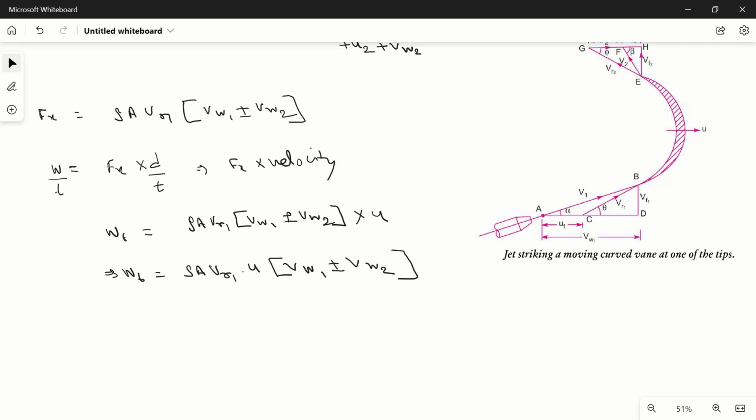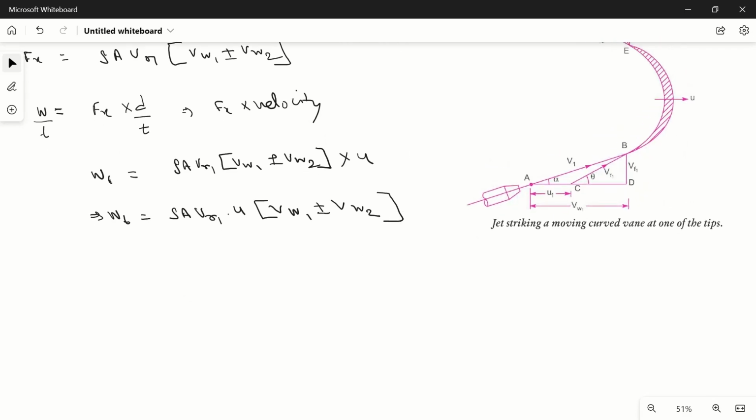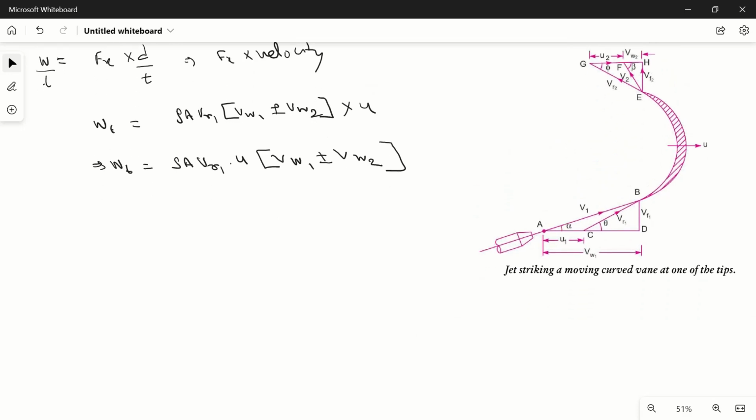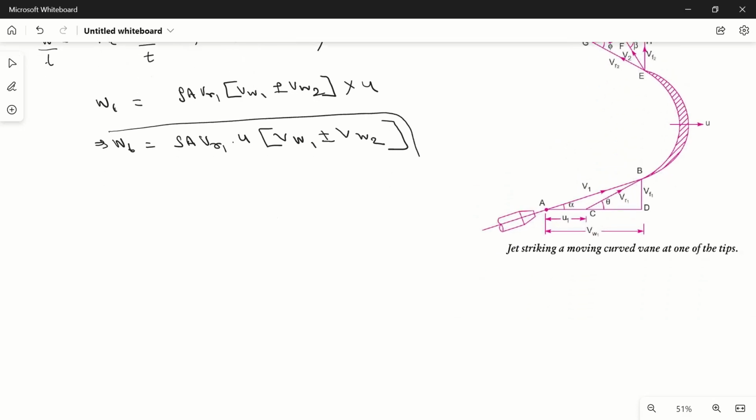What will be the efficiency of this jet? See, this is the output work done, output energy, and the energy at inlet is equal to half mv square, because you can see that initially the jet has kinetic energy, because the jet water was moving with the velocity V1, the absolute velocity V1.